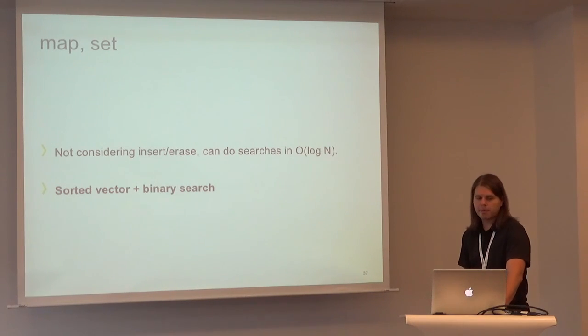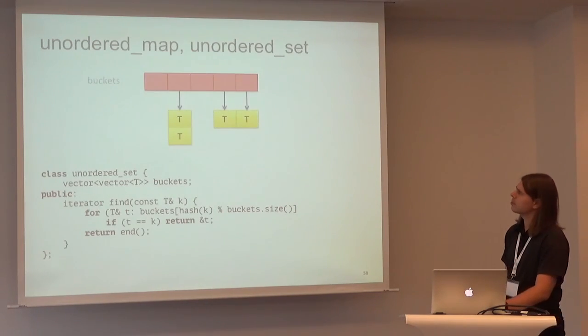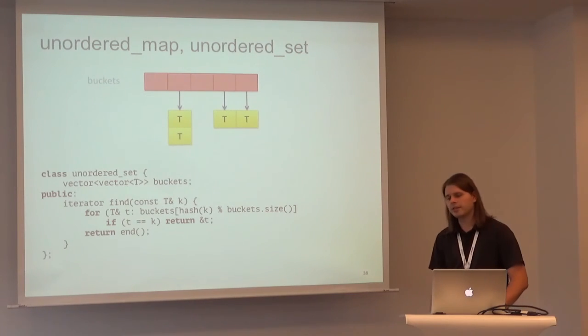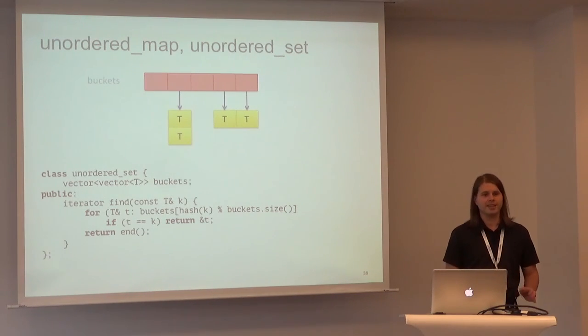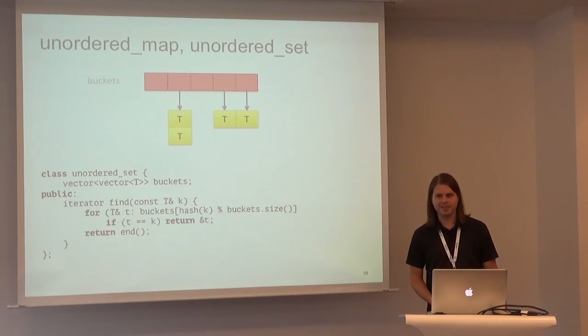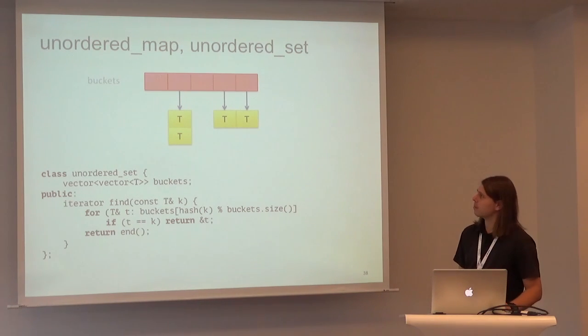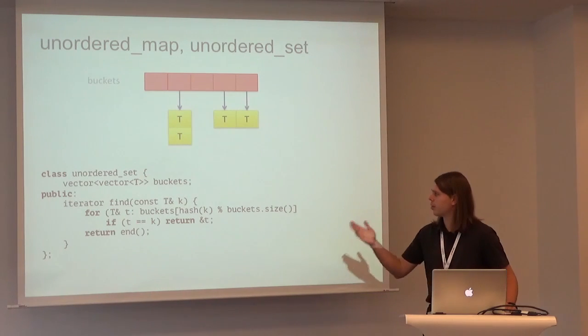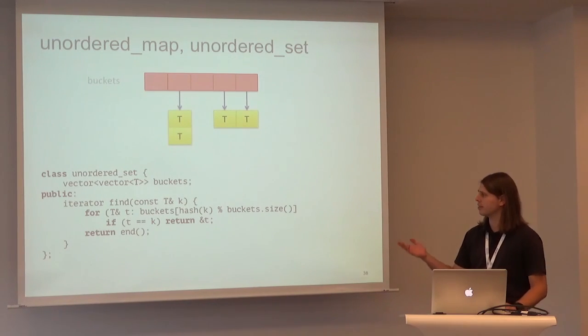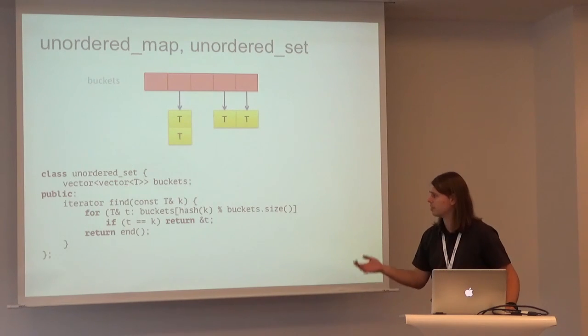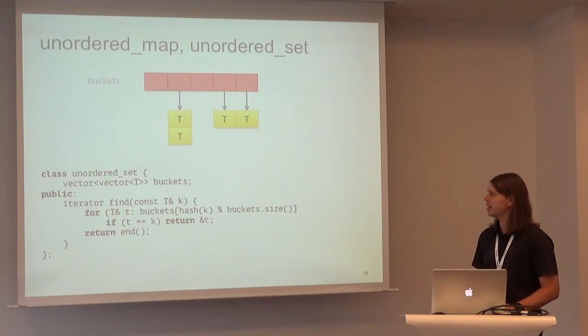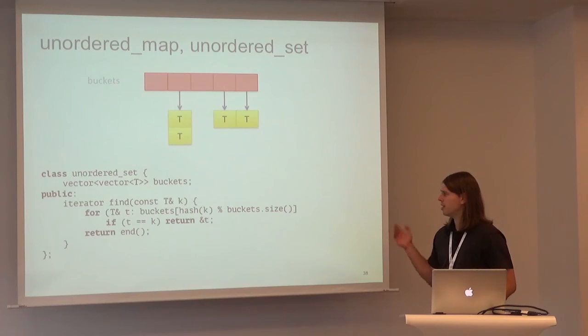So we're done with the map and the set, and here come the unordered versions. They're kind of tricky. We're not happy with the vector. At last, we have to do something by hand. Usually unordered maps may be thought of as a vector of vectors of elements. Those vectors are buckets, and it's a pretty straightforward routine for finding an element. We compute the hash. We use the hash to find out the bucket.